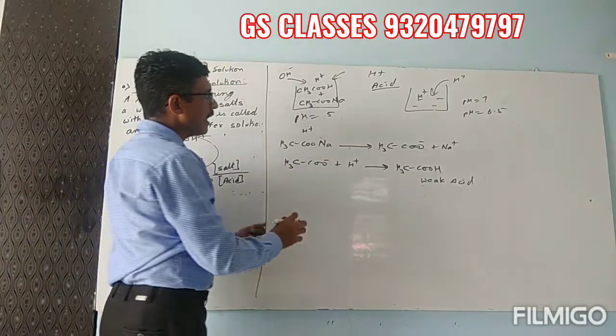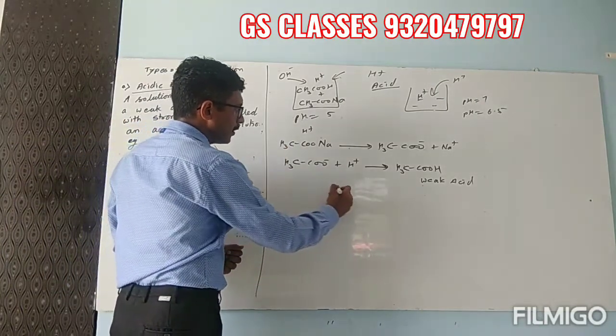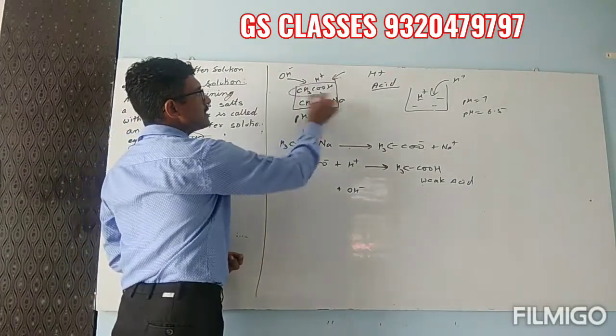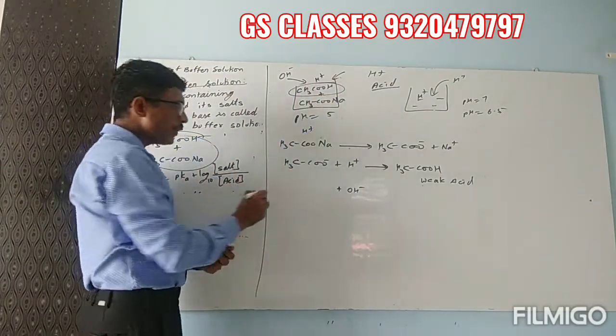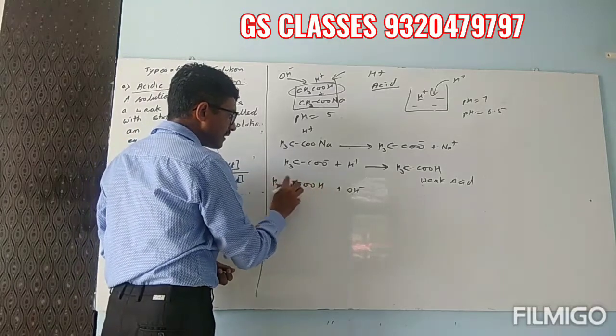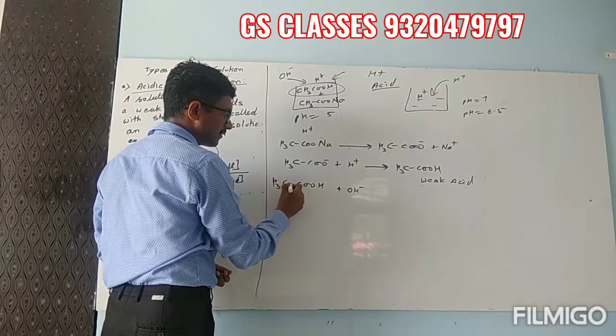Now let's move towards the case when a hydroxide ion is added. Of course, if hydroxide ion is coming from outside, it is now acetic acid which will take charge. Acetic acid is a very weak acid.